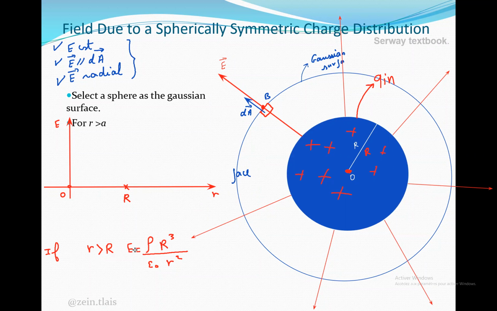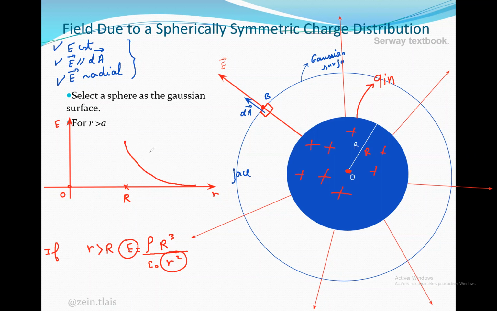We calculated E equals rho r cube divided by epsilon 0 r square. In this case, we see that E is inversely proportional to r square, and it's positive. So at any point here, the value must be like this.